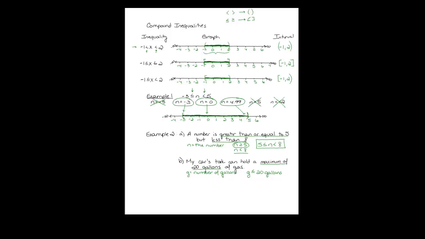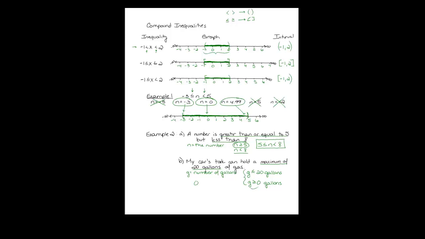So there is going to be a lower bound here. G, we know it's less than or equal to 20 gallons, but it also has to be greater than or equal to 0 gallons. Anything less than 0, it just wouldn't make sense. So now we have these two inequalities that we need to put together into a compound inequality, starting with the 0.